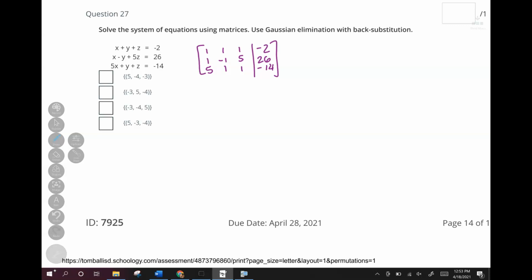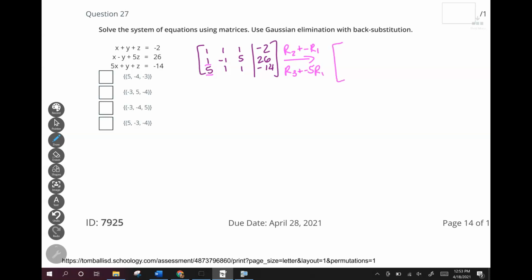All right, so first I'm going to get zeros here and here by adding row 2 plus -1 row 1, and for row 3 I need to do -5 row 1 plus row 3.